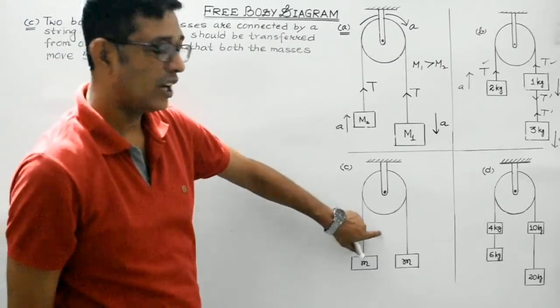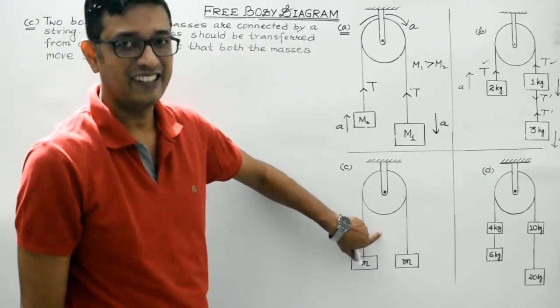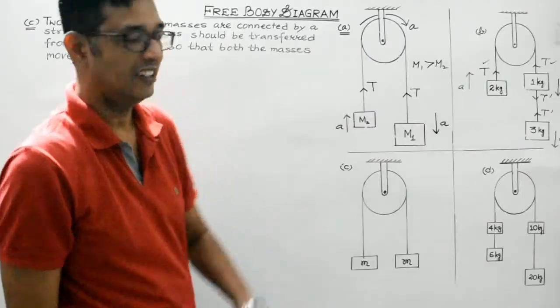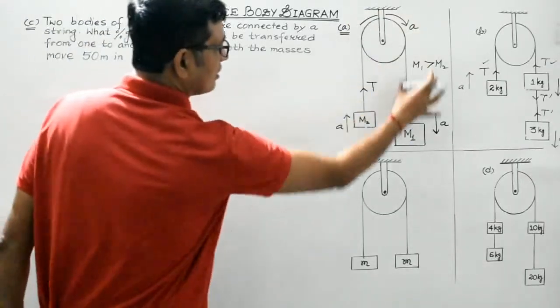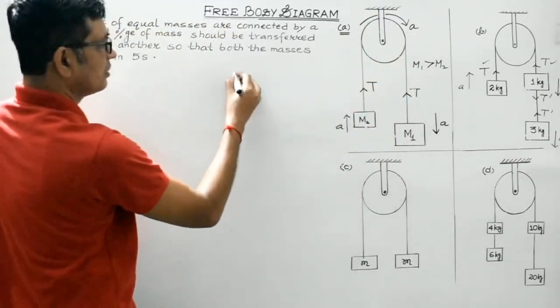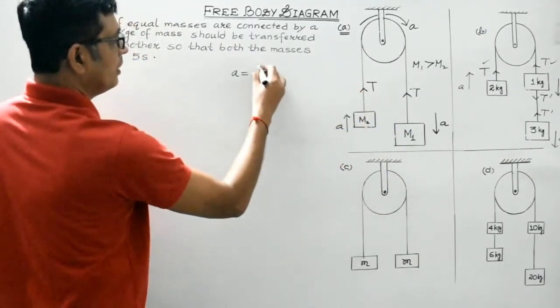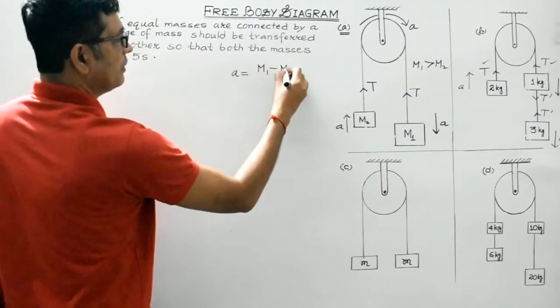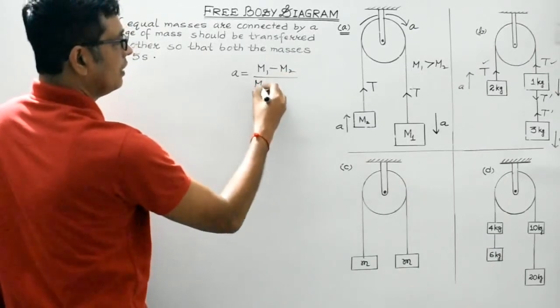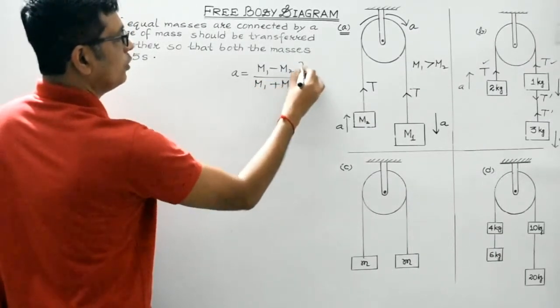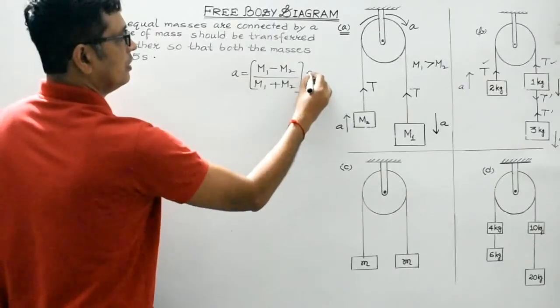So what percentage of mass needs to be transferred from one body to another body? This is the question where we will make use of the formula directly, which we have done in case A, right? We know that in this case, the acceleration of the system, if m1 is greater than m2, is given by (m1 minus m2) divided by (m1 plus m2) into g.